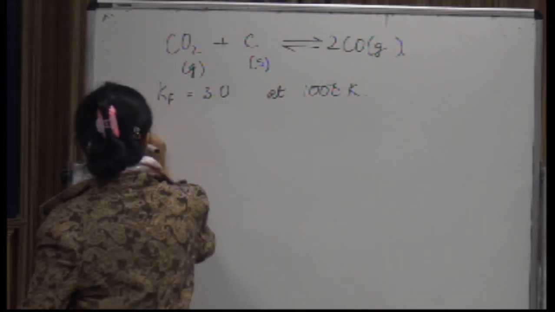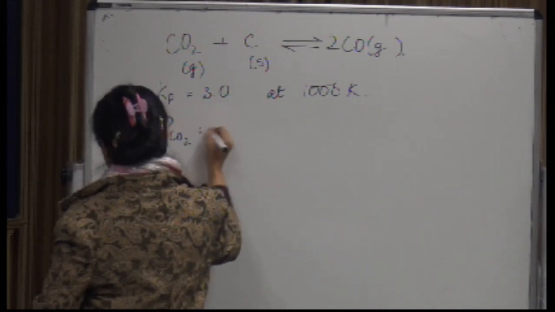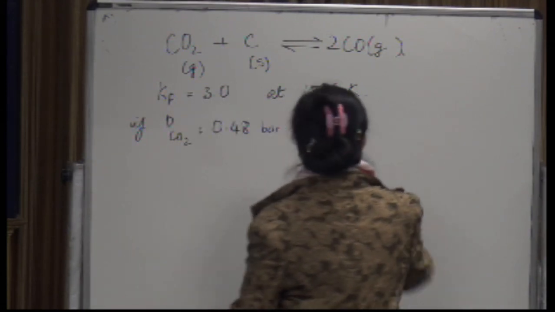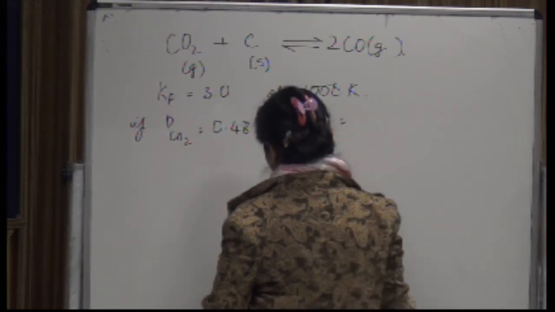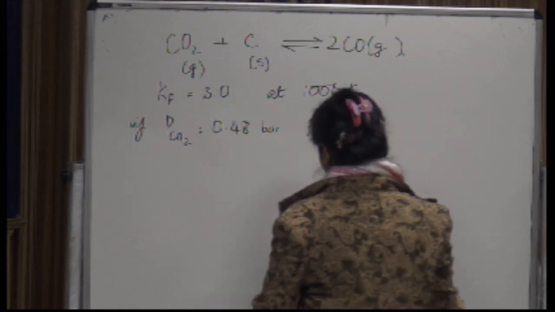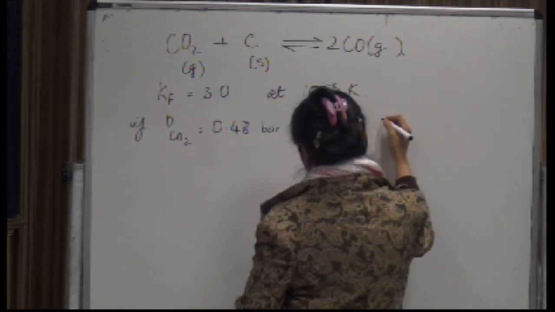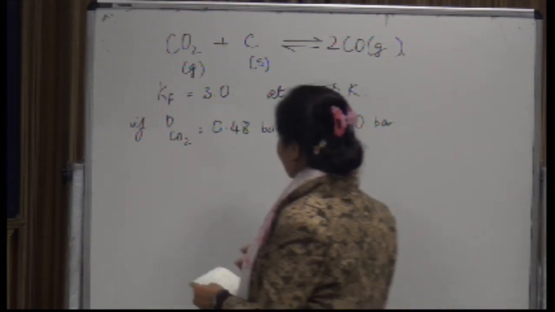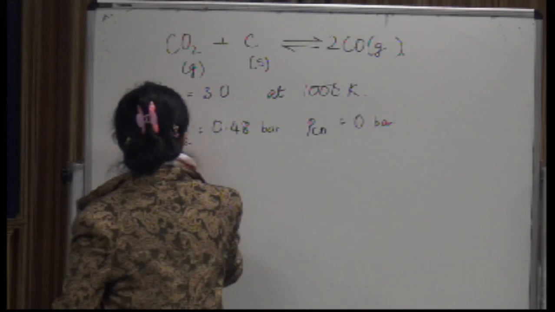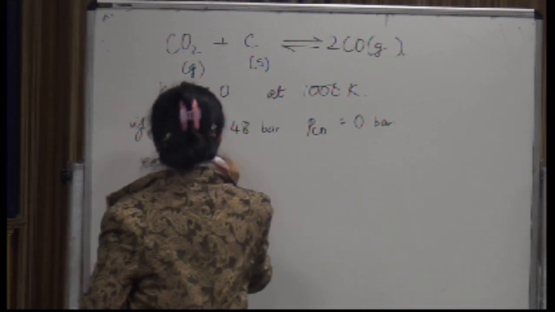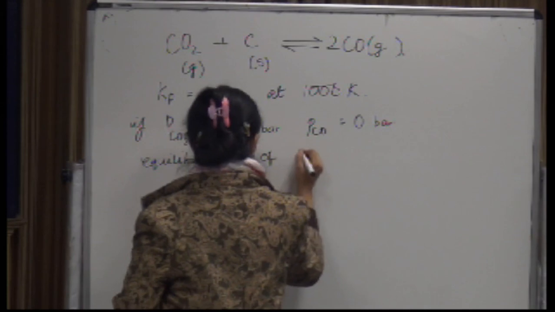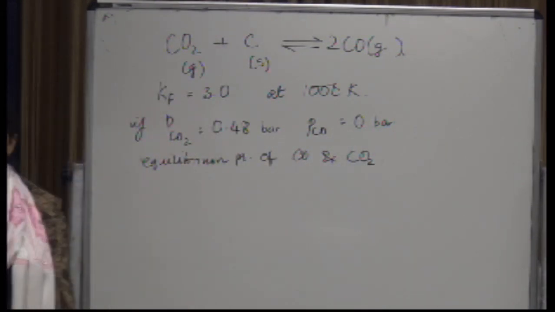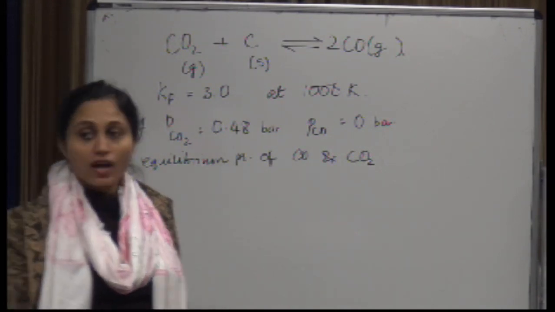Now if pressure of CO2 is equal to 0.48 bars and the pressure of CO is equal to 0 bar initially and pure graphite is present, calculate the equilibrium pressures of CO and CO2.